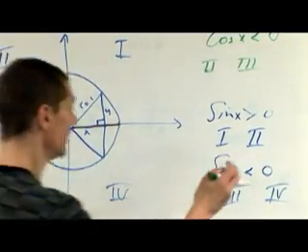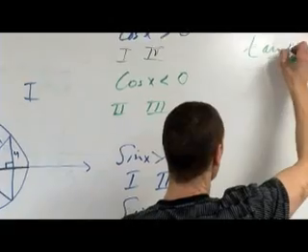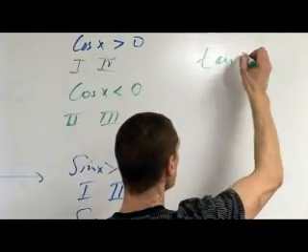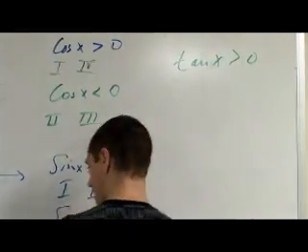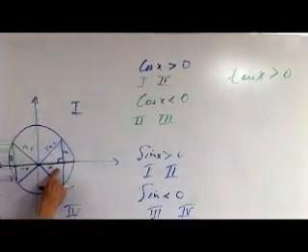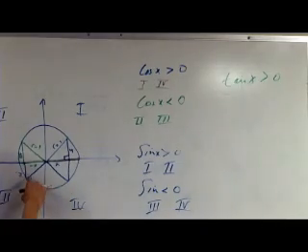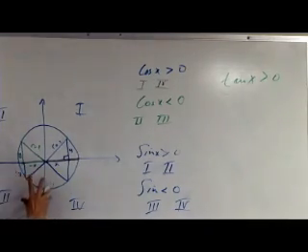What about tangent? Where is the tangent of some angle? Okay, we'll use x because we're using x greater than 0. Tangent is x divided by y. Basically, for this to be greater than 0, either x and y are both positive or x and y are both negative, so the negatives cancel out.